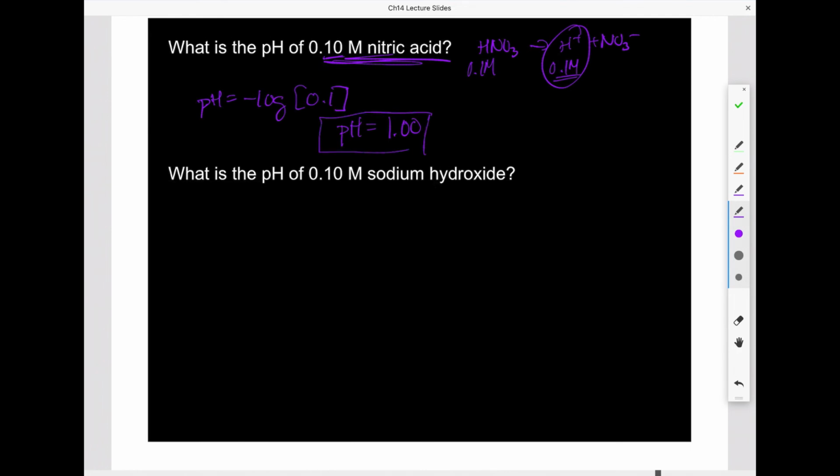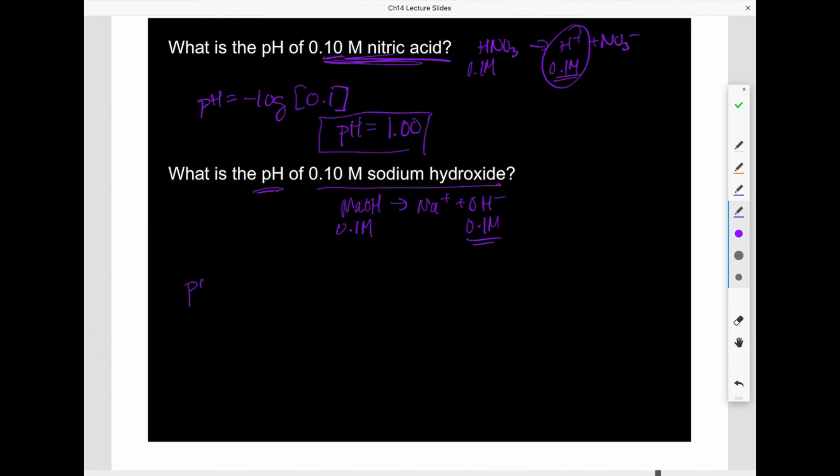Yes? All right, next up. What is the pH of 0.1 molar sodium hydroxide? So formula NaOH, which is going to dissociate in solution. So it means if I have 0.1 molar this, I also have 0.1 molar that. Now, this is hydroxide ion, not hydronium.